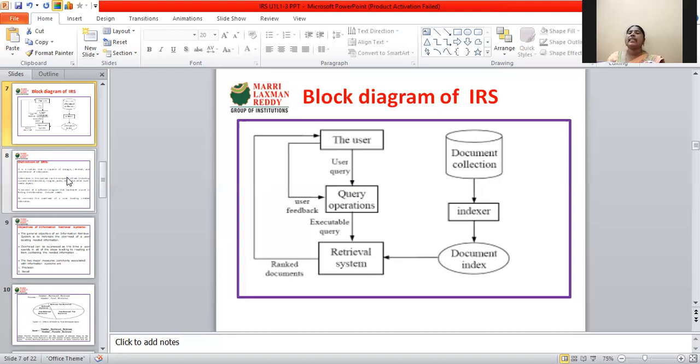That relevant data is given to the user. The information retrieval system also works on ranked documents, and the user gives feedback to the information retrieval system. This is our information retrieval system process.